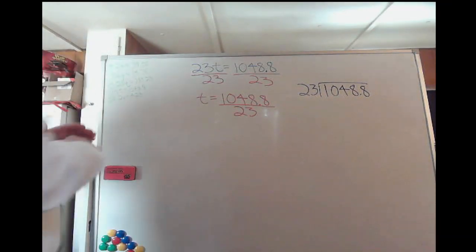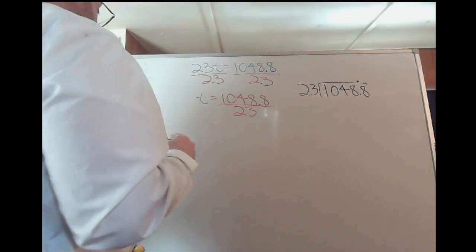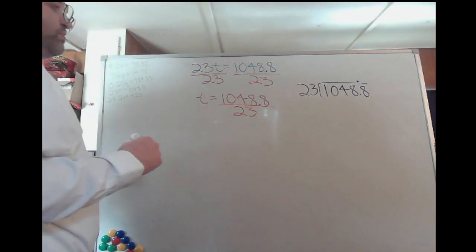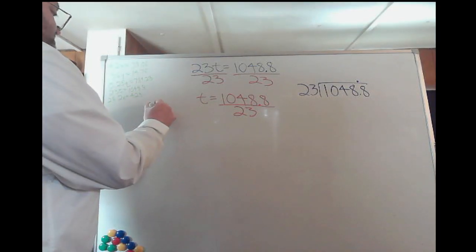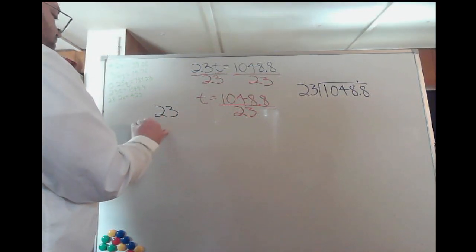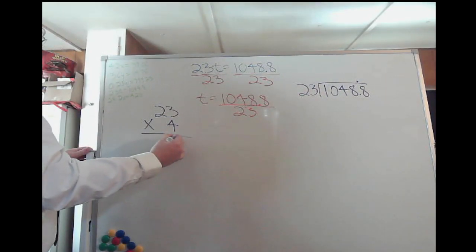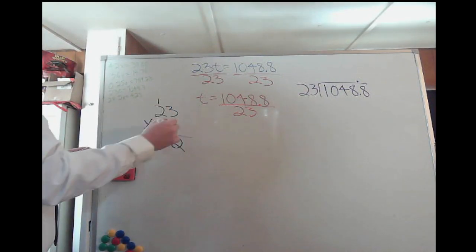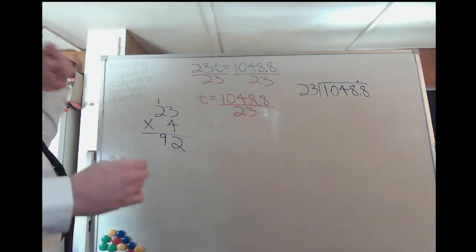So now we've got to figure out how many times 23 goes into 104. It's going to go in 4 times. So 23 times 4. What's 3 times 4? Well, that's 12. Keep the 2, carry the 1. 4 times 2 is 8, plus 1 is 9. Alright, so yes, it does go in 4 times.